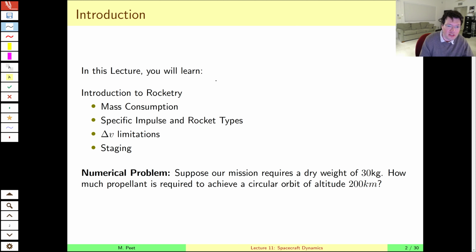What is the goal of this sort of mini diversion, this subunit, if you will? I forget which lecture this corresponds to in Prussing and Conway, or in Curtis, but it corresponds to one of those chapters. Most courses in spacecraft dynamics and orbital mechanics cover this, so we're covering it as well.